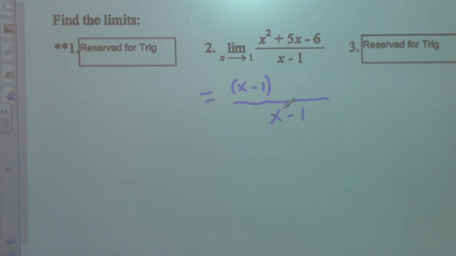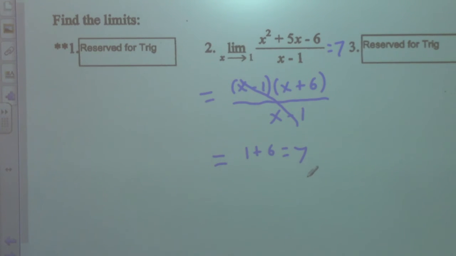The other one is x plus 6, because that gives minus x and plus 6. So does this thing cancel? Yes. Now, if we substitute in 1, what do we get? 1 plus 6, which equals 7. So our answer to this one is 7.